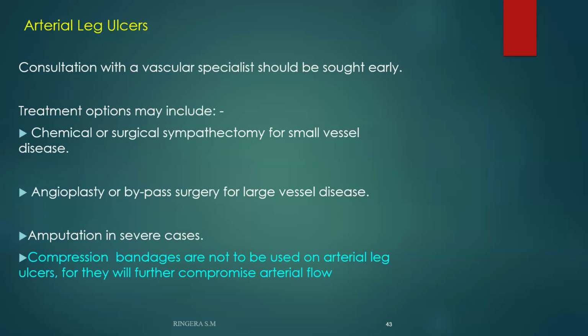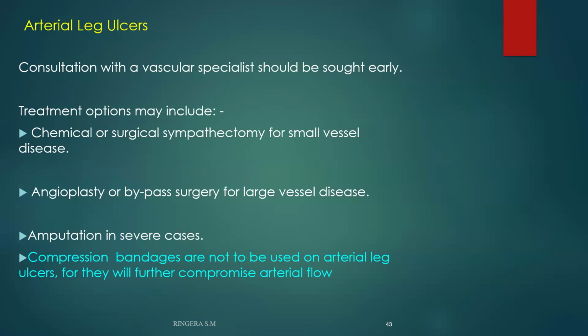So the patient who comes to you with an arterial leg ulcer will require a vascular specialist review. Please refer those patients, because there are several treatment options that can benefit them. Some of them can be taken through surgical sympathectomy for those who have small vessel disease, and angioplasty or bypass surgery for those with large vessel disease has also been seen to help these patients.